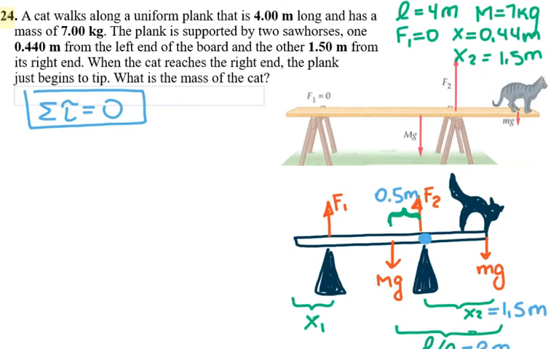So for the first one, F1, the force is 0, so I don't have to plug it into my equation, even though the distance is given. So I will ignore that one. So the only forces I'm looking at is mg. So m is gonna be the mass of the plank, so that force is gonna make it rotate in the positive direction.